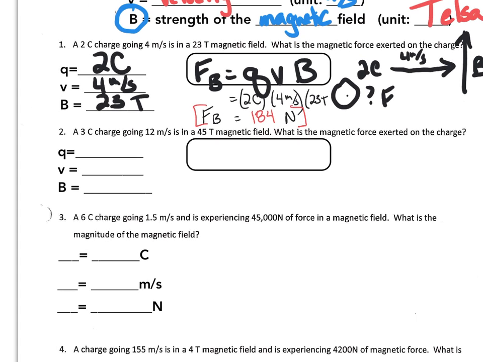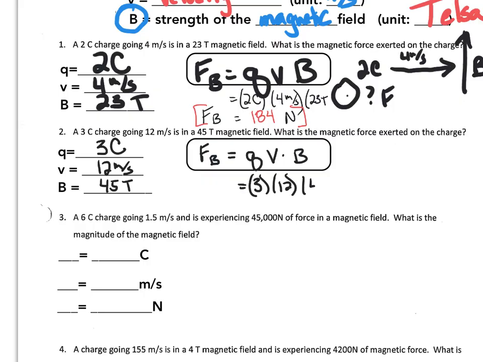Let's do the next one. I'm going to make my pen tip a little smaller. There we go. What if it's 3 coulombs of charge traveling at 12 meters per second, and the field is 45 Teslas? You're like, oh, Hausman, it's the same. Q times V times B equals the magnetic force. We would do 3 times 12 times 45.